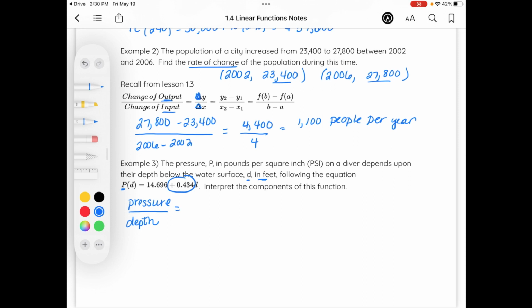I know this is positive, so what this means then is our pressure will increase 0.434 PSI for each 1 foot depth increase.